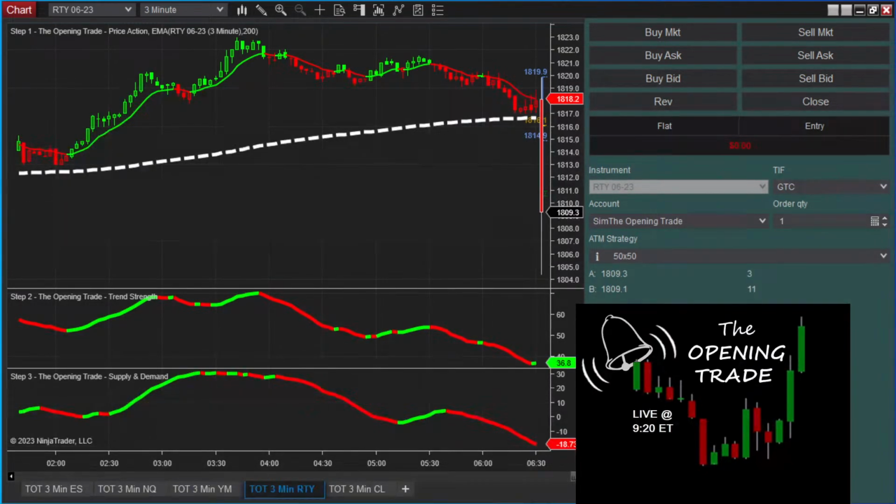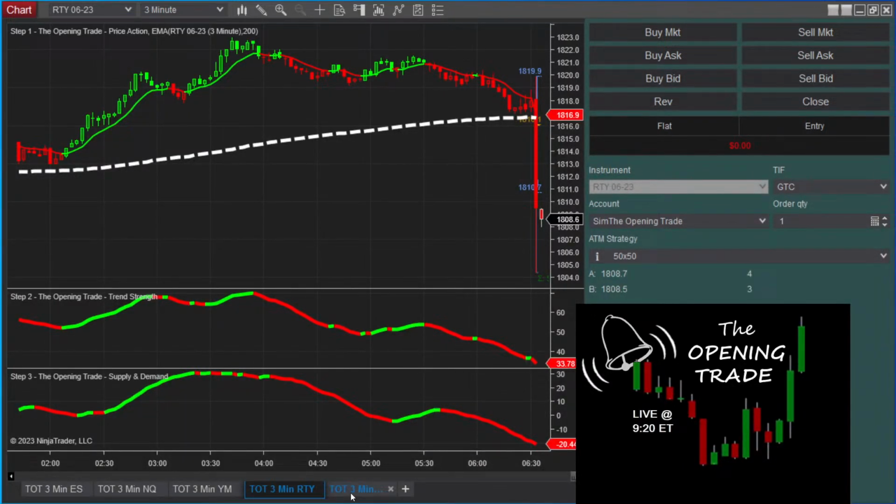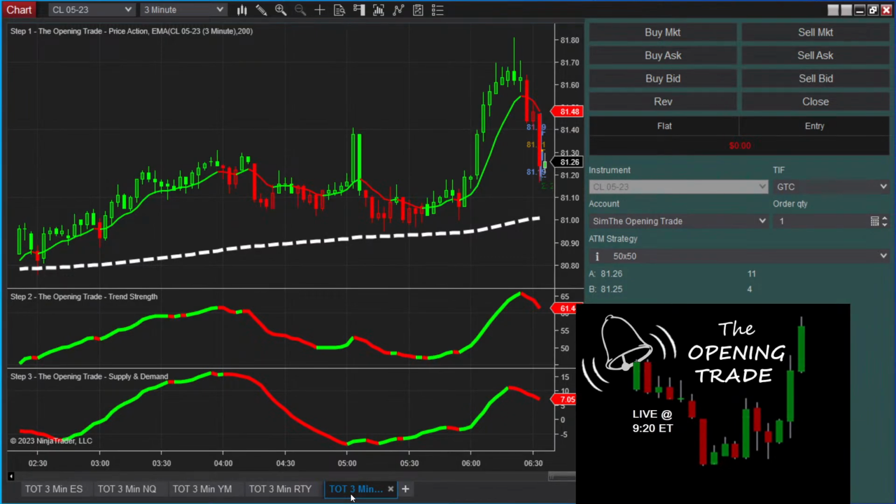The Russell made a giant candle and it's starting to recover. It recovered a little. The first candle has closed.